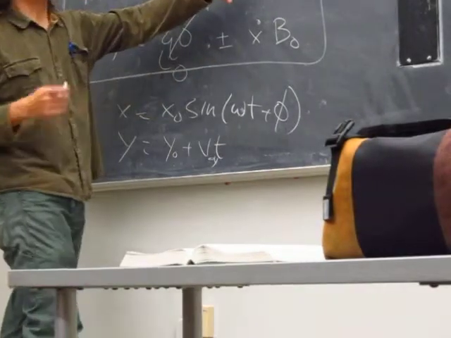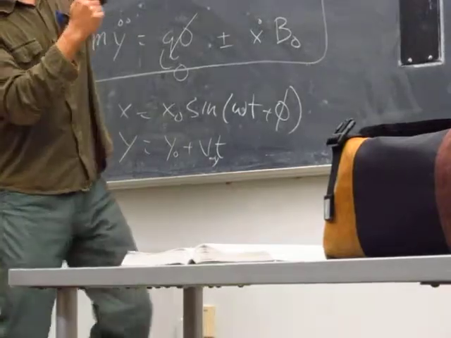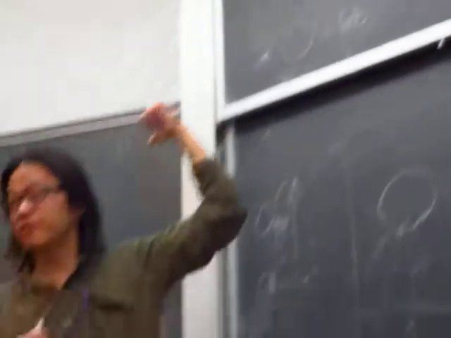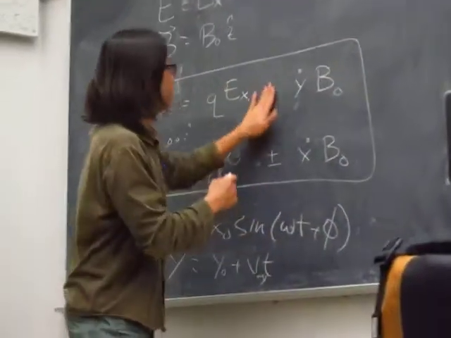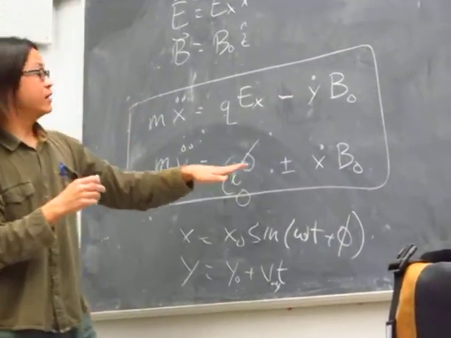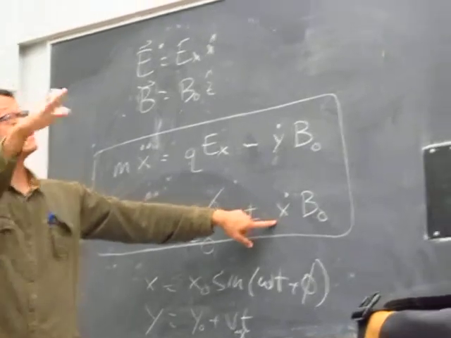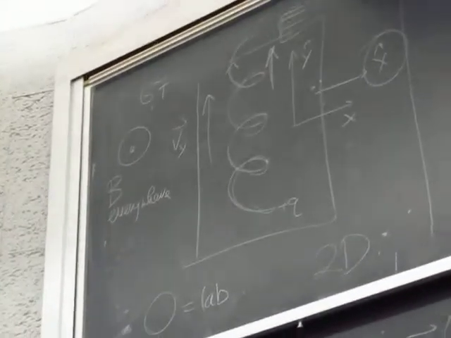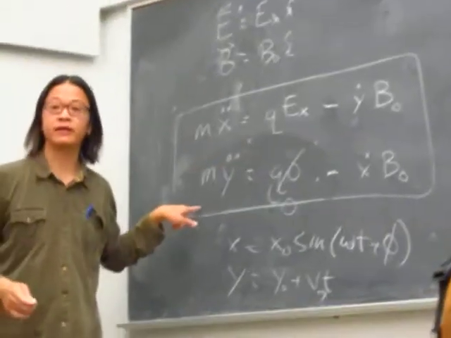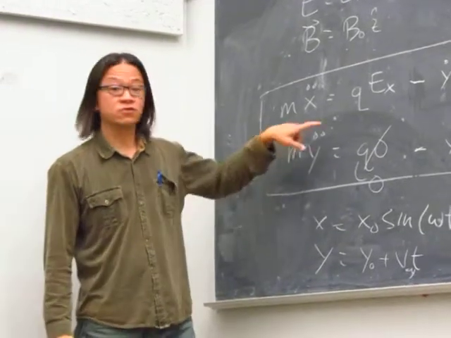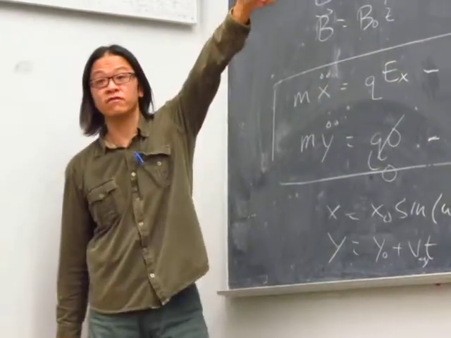Right. So velocity in the y crosses B, gives you a force in the x direction with a minus sign. And then velocity in the x crosses B gives you an acceleration, or a force, in the minus y direction. You solve for this equation, you get that motion. Forget relativity.